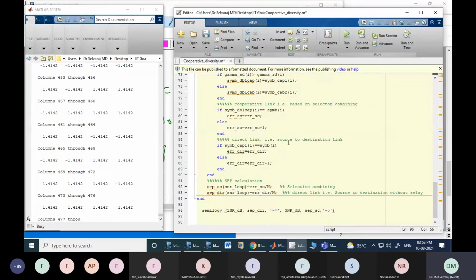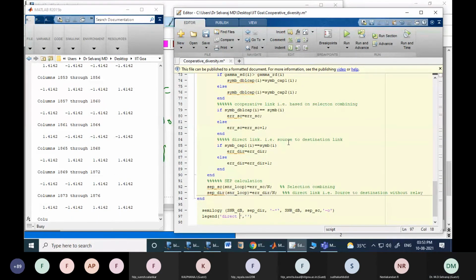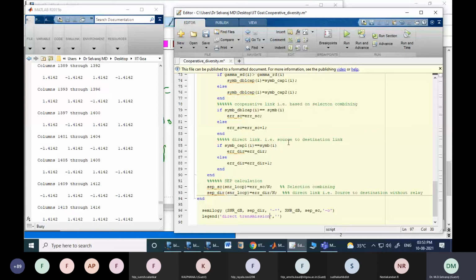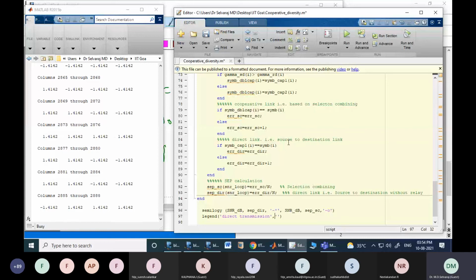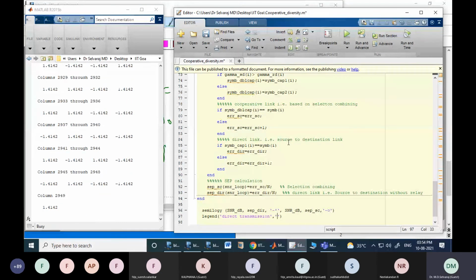The legend will also be typed. One is the direct transmission, no relay. Another one is with relay, the cooperative diversity.